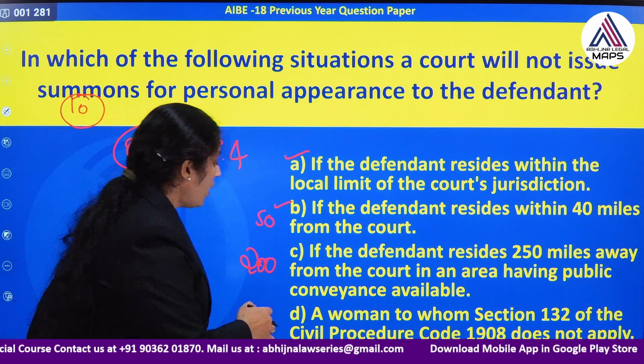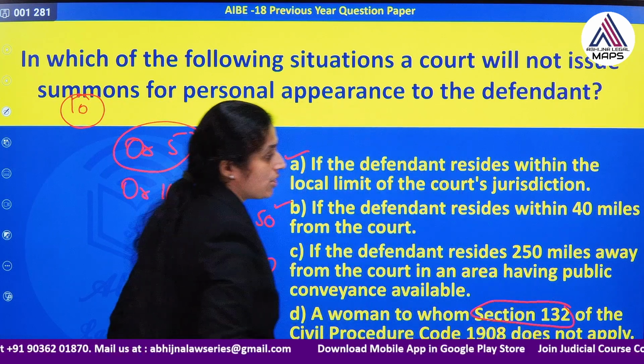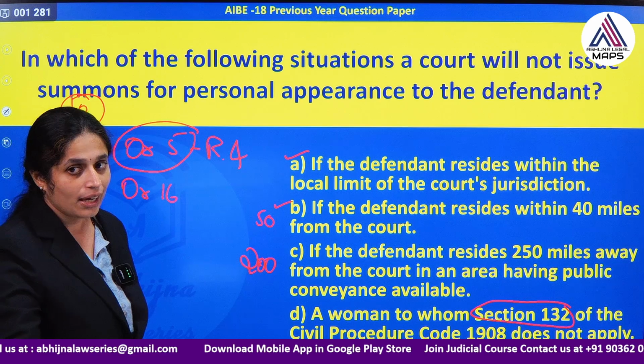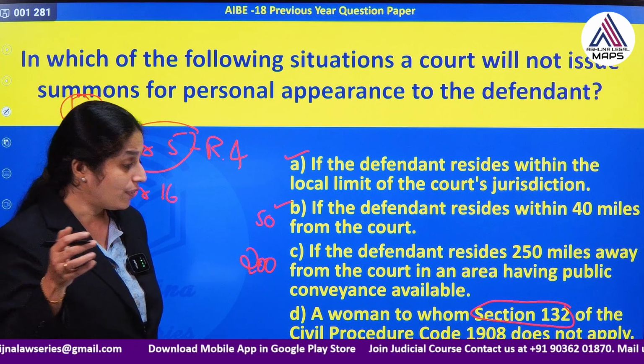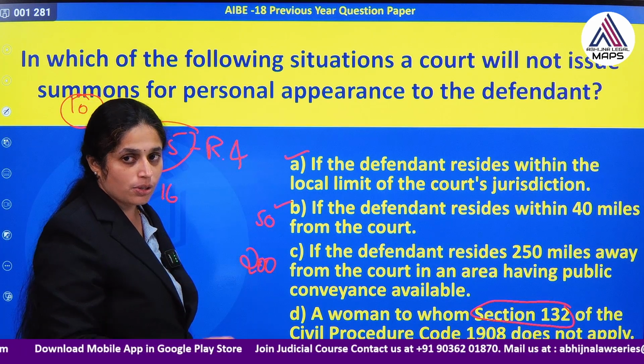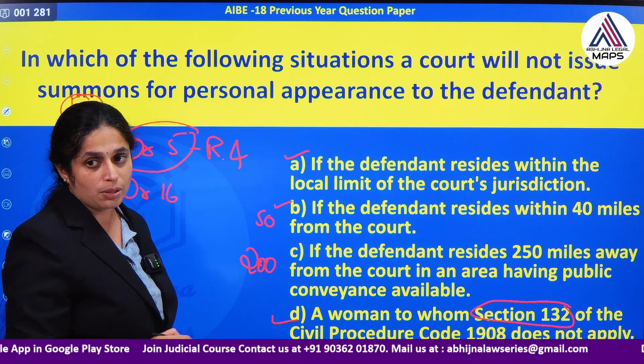Or section 132, this speaks regarding a Pardhanashin woman who cannot be asked to appear in person. Okay. But if section 132 is not applicable, even any other woman can be asked to appear in person if she is a defendant. So, even in this case she may be asked to appear in person.